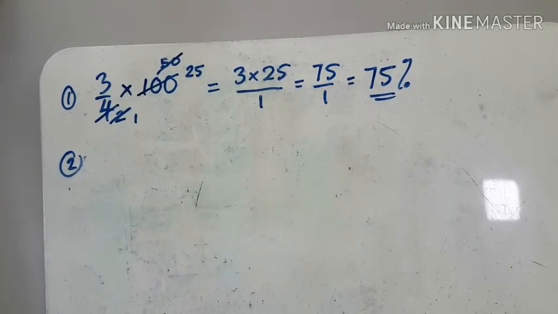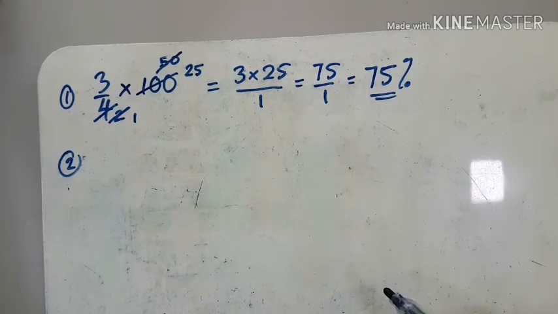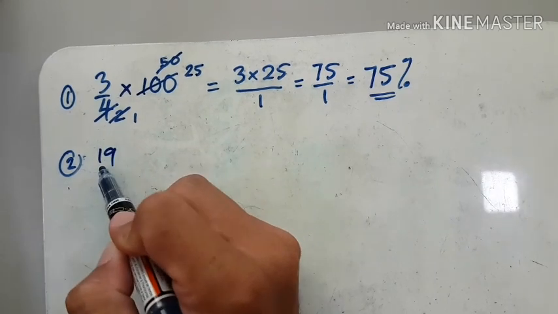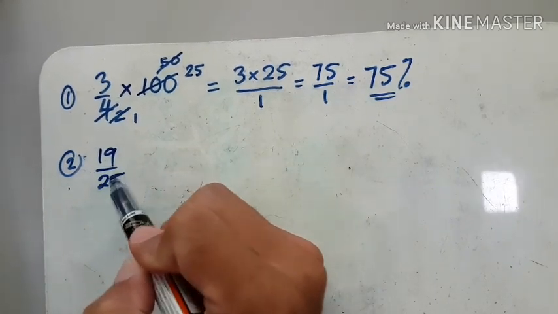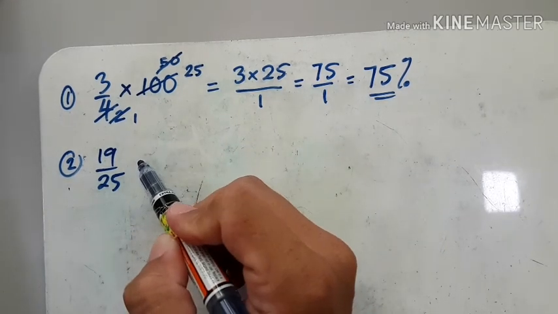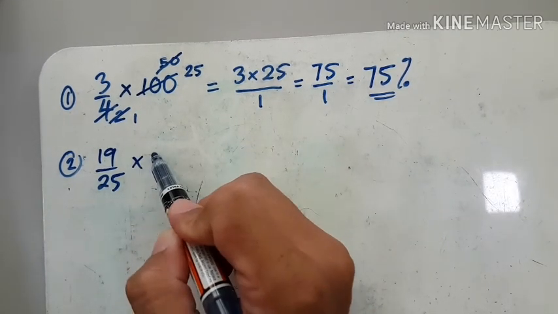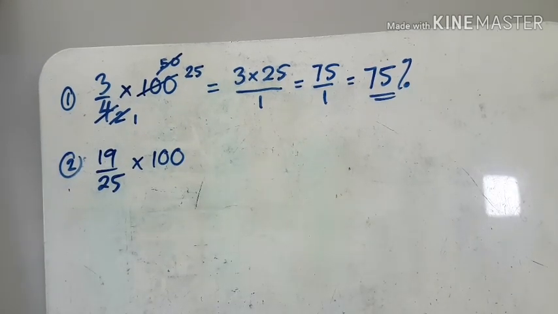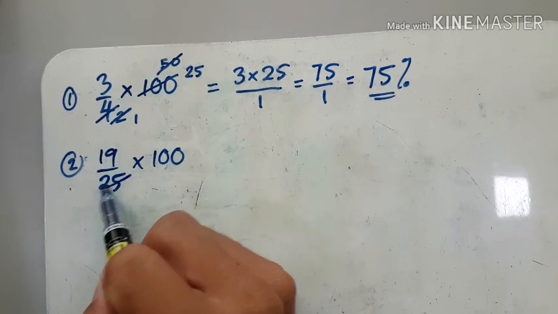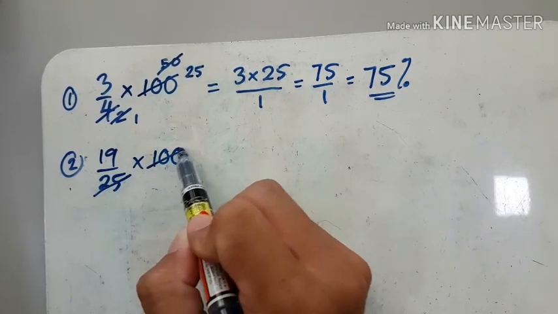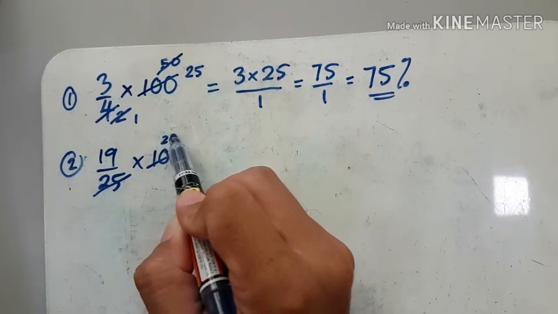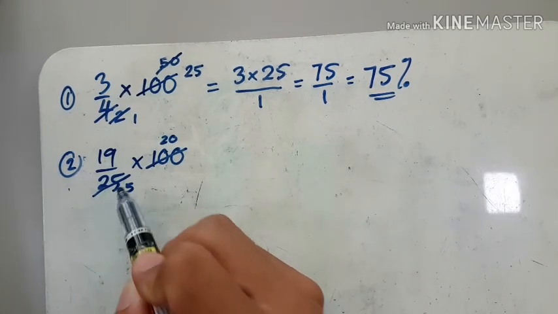Okay. Now refer to the second example just now. It's 19 on 25. Again, by the second method, we multiply straight away by 100%. So 25 and 100, we can simplify them. We divide by 5 to get 20. Divide by 5 to get 5.